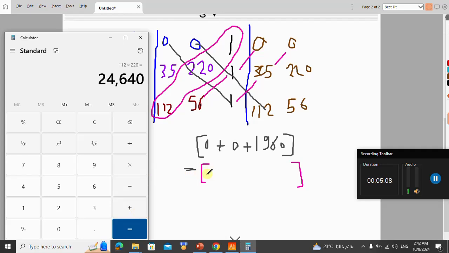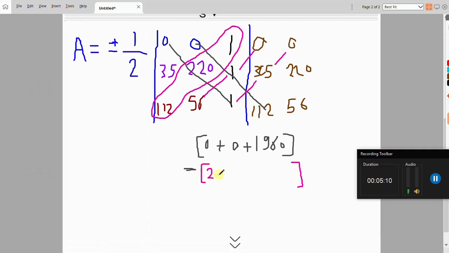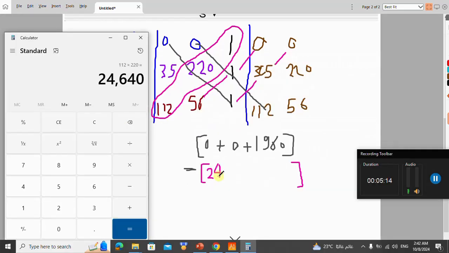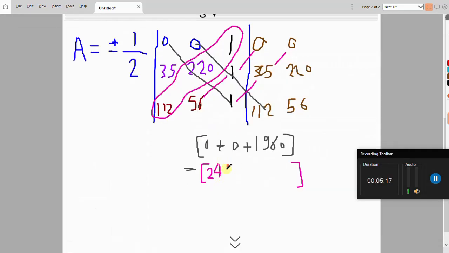It will be 24,640 plus, as we said before, plus 0 plus 0. Of course, we don't need to write those down, but here to illustrate.